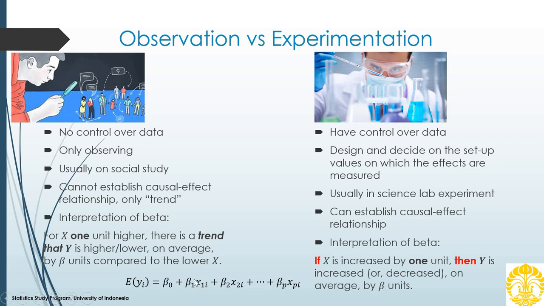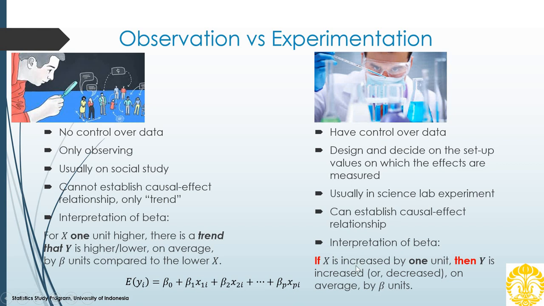That depends on the sign of beta 1. If beta 1 is positive, then y is higher. If beta 1 is negative, then y is lower, on average by beta 1 units compared to the lower x. So we can just say, I observe the trend that y is higher or lower for x1 that is higher or lower by 1 unit.